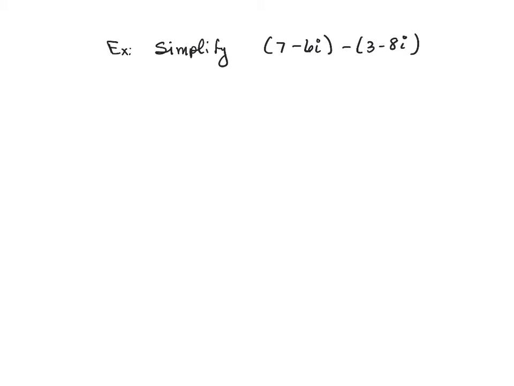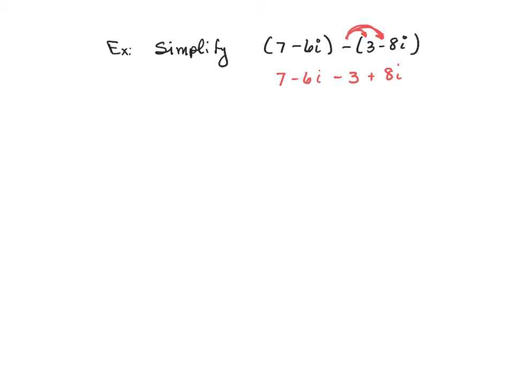This is a subtraction problem. Same idea. Real to real, imaginary to imaginary. However, when we subtract this 3 minus 8i, it really means to distribute. So it becomes 7 minus 6i. We have to distribute that negative to make sure we subtract the entire thing. It's a negative 3 plus 8i, negative times negative.